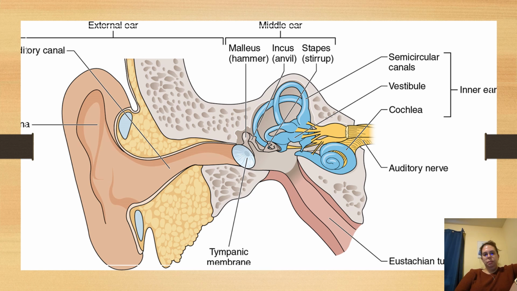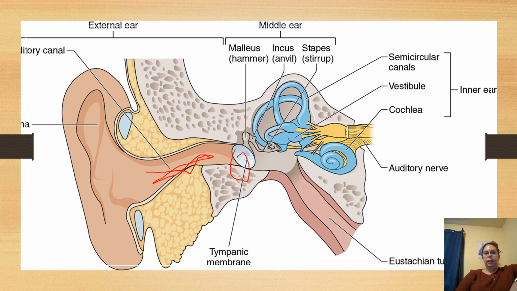Okay, this is what that looks like. So right here, hopefully you can see that. This is the external auditory canal. This is that membrane right here.